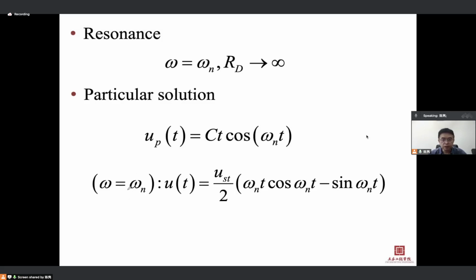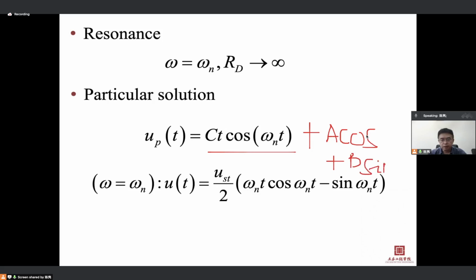Then we add the complementary solution, A cosine omega n t plus B sine omega n t.